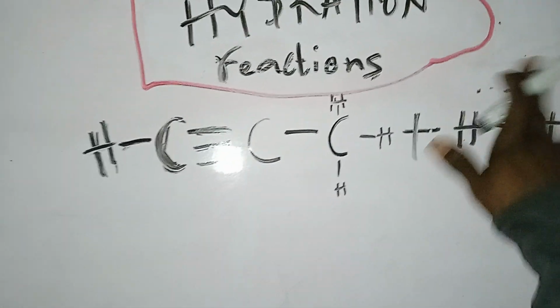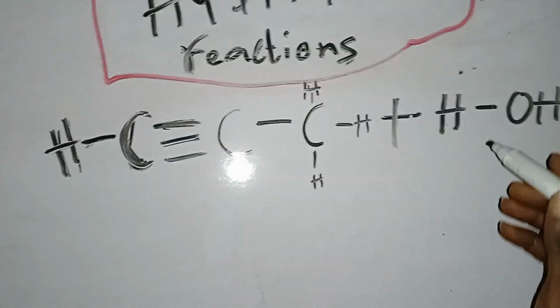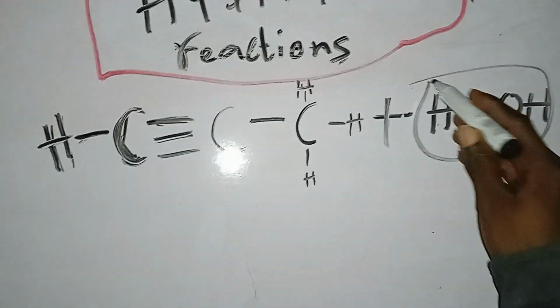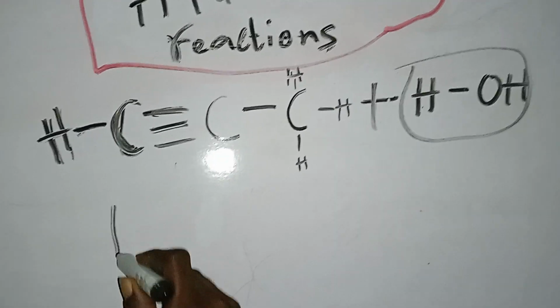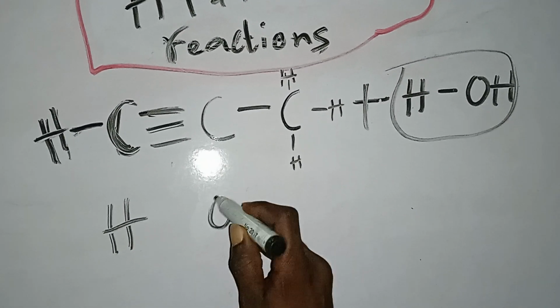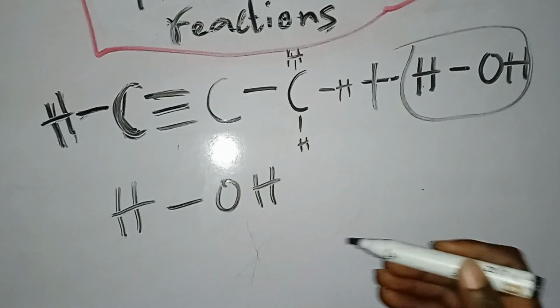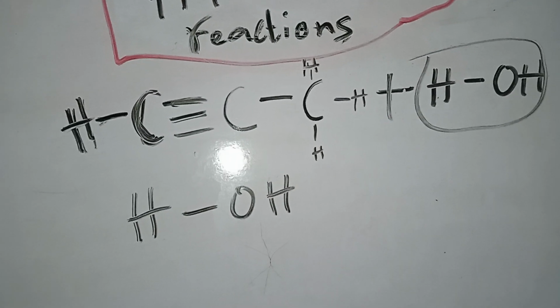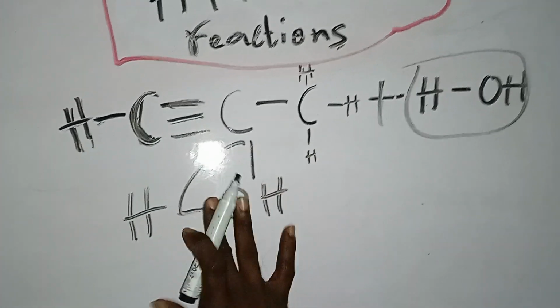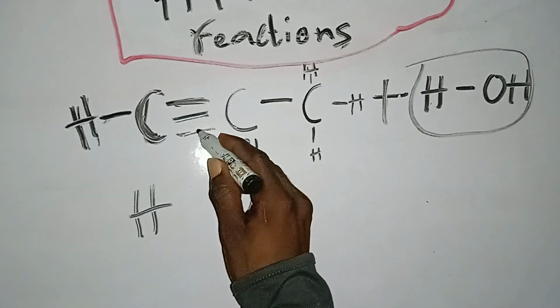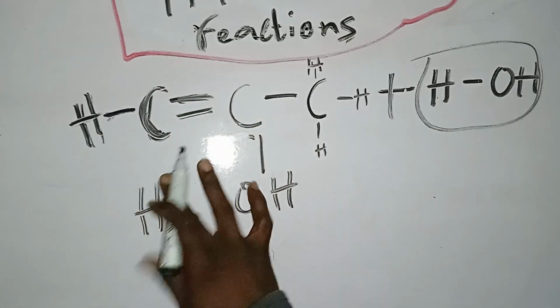When you see this, remember I told you the goal is always to focus on carrying this to attack the bond. So this will attack the bond. This will be H and OH. If it's a triple bond, this will go here, and this particular bond will come here, so that you lose this.